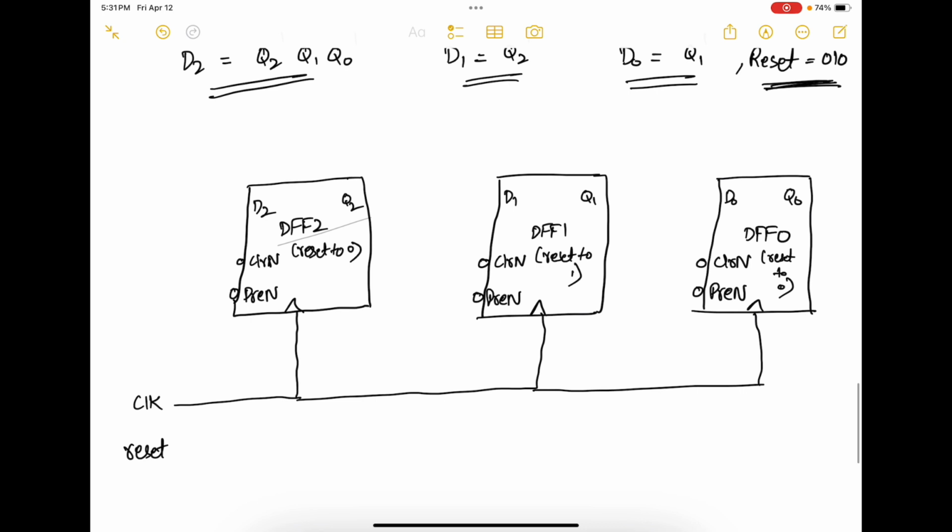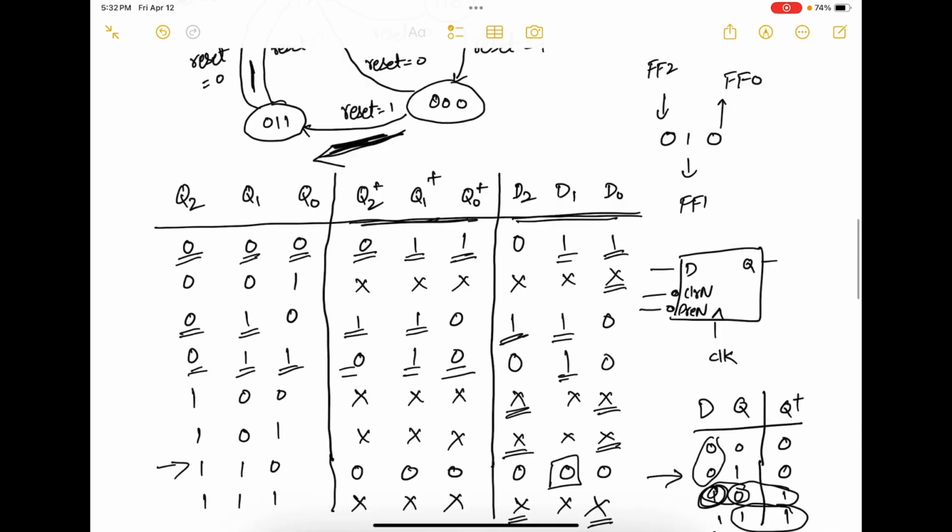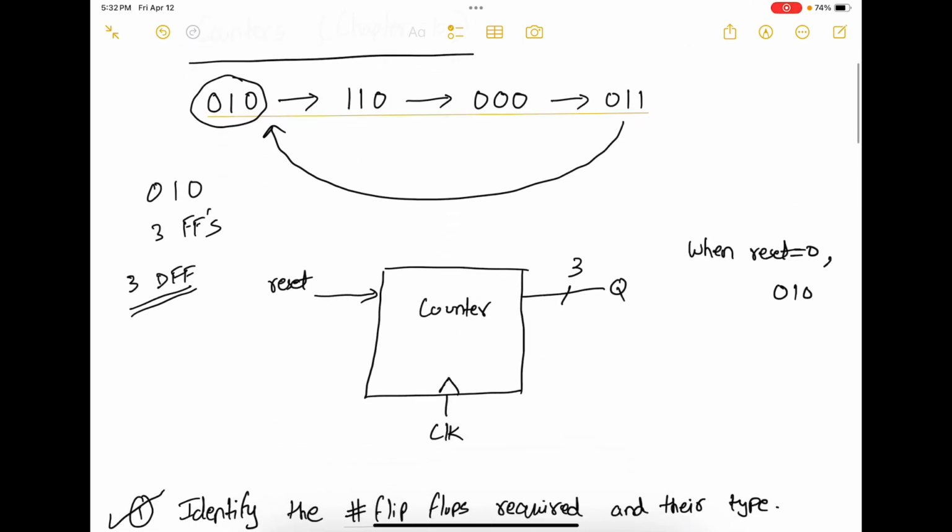Now remember, if you want to set something to 0 or reset to 0, you need to take the reset signal and give it to clear N. So if you look back, it said that when reset is 0, you're in this state, 0, 1, 0.